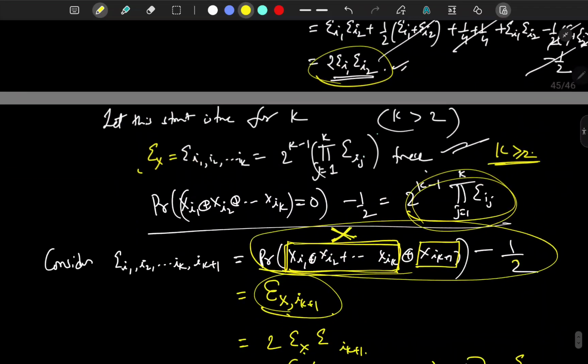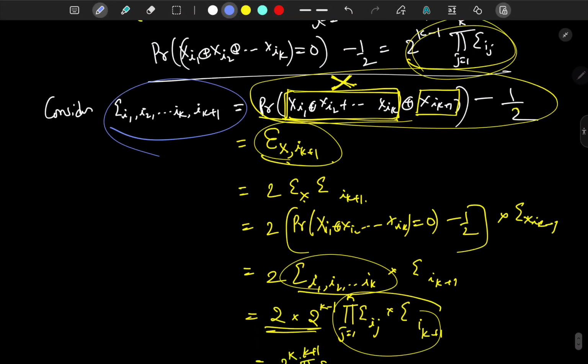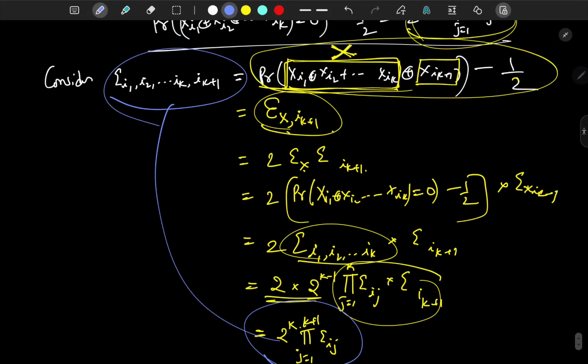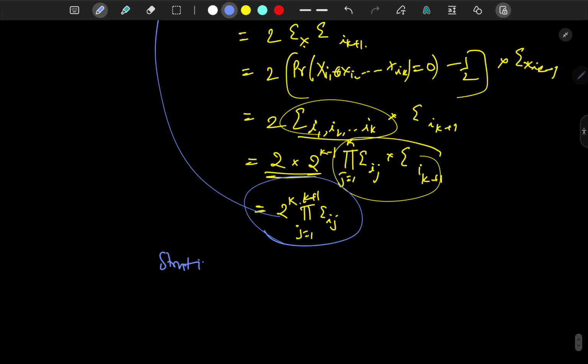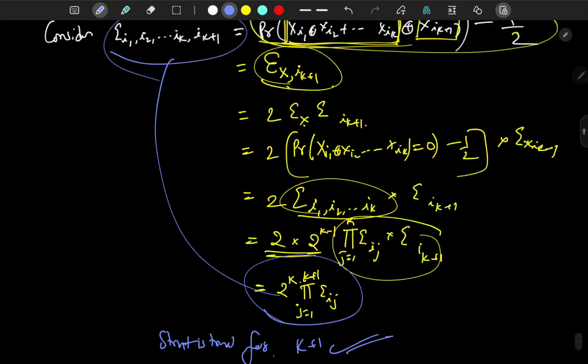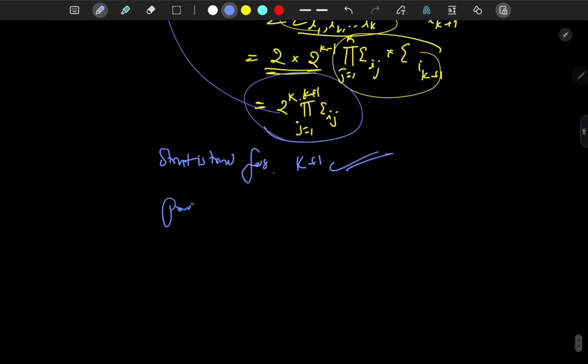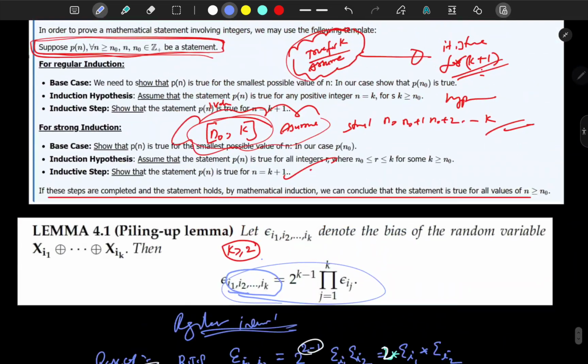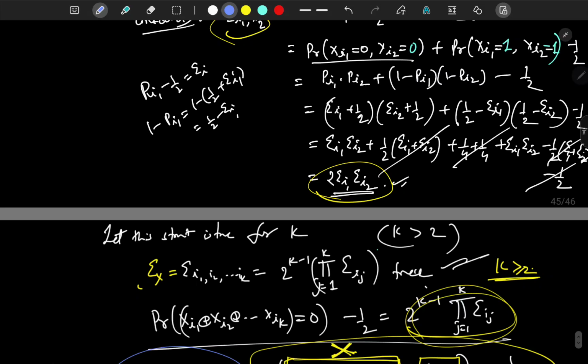So finally what we have done is shown that the statement is true for k plus 1 also. Hence by proof by induction, following the regular induction template, the statement is proved, true for all k greater than or equal to 2. So this is the piling-up lemma and its proof.